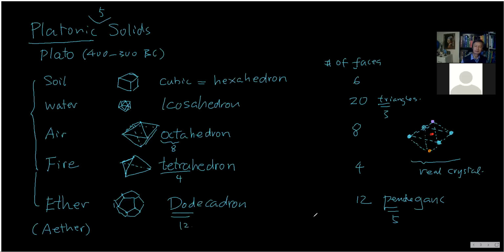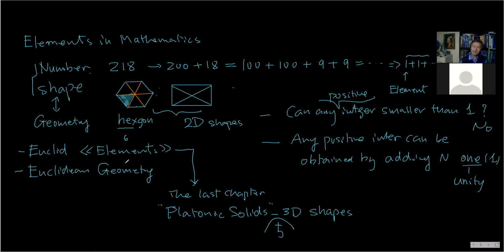Of course, they are all hypotheses. This remains Plato's hypothesis, not necessarily real or true. But to return to the question: why did Euclid spend his last chapter discussing Platonic solids?